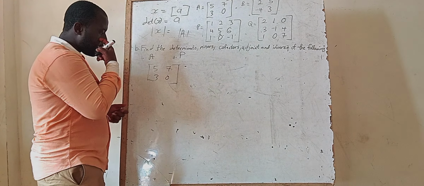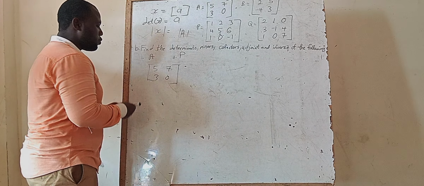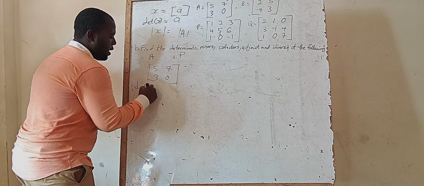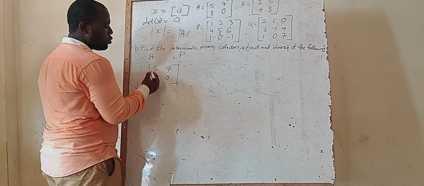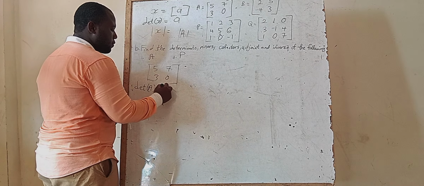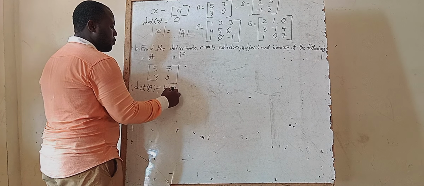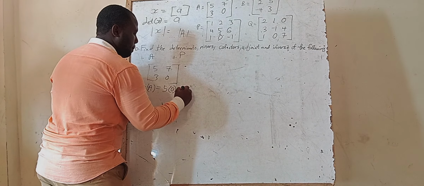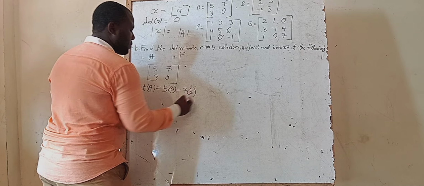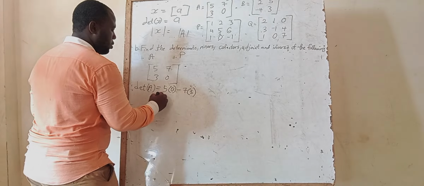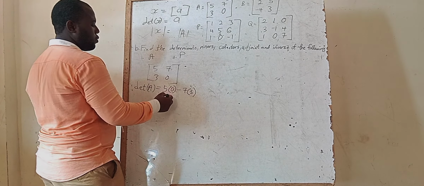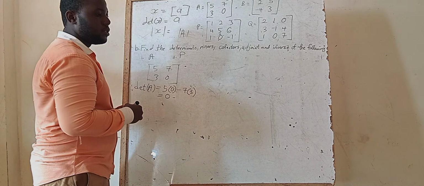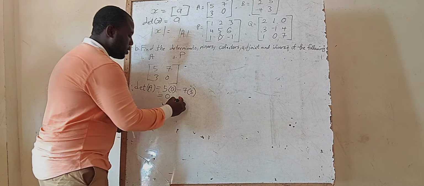So over here, the leading diagonal is 5 and 0. So the determinant of A will be equal to the product of the leading diagonal, 5 times 0, minus the product of the opposite diagonal, 7 times 3. 5 times 0 will give us 0, minus 7 times 3 will give us 21.